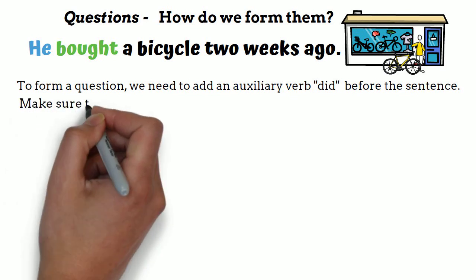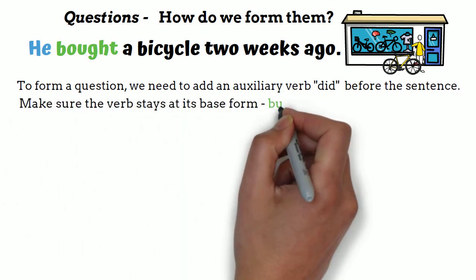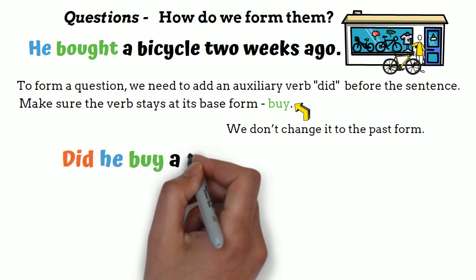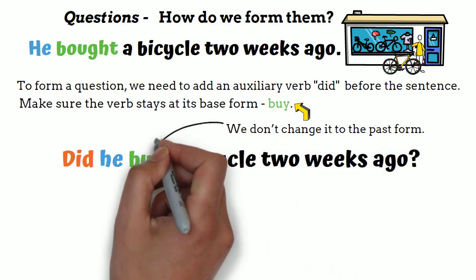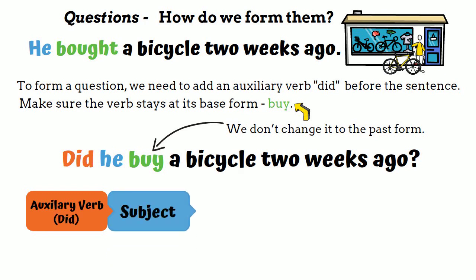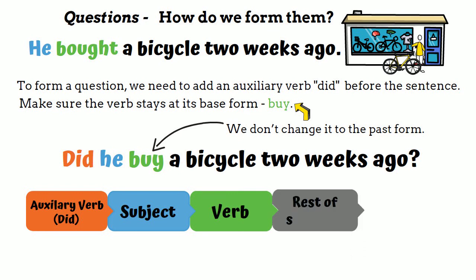And we have to make sure the verb stays at its base form. We don't change it to the past form. Did he buy a bicycle 2 weeks ago? The auxiliary verb did, subject, verb, the rest of the sentence, and the question mark.